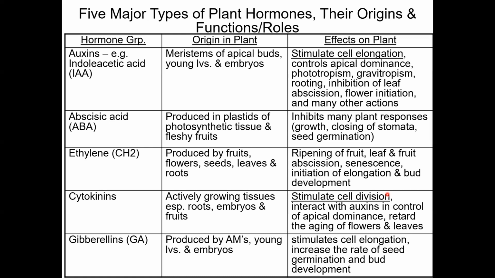Okay, and lastly, we'll talk least about these other two, abscisic acid and ethylene gas, but I will go ahead and say that abscisic acid, before I forget it, is what's responsible for the leaves abscising from the stem.